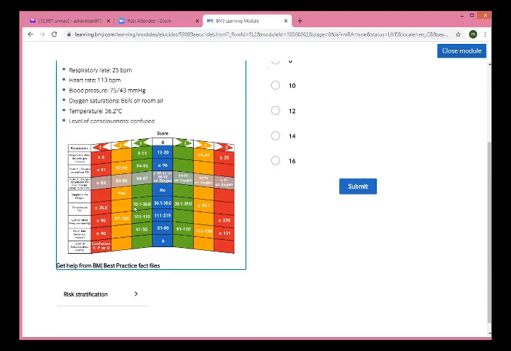So respiratory rate more than 25 is 3. Oxygen saturation less than 91 is 3.